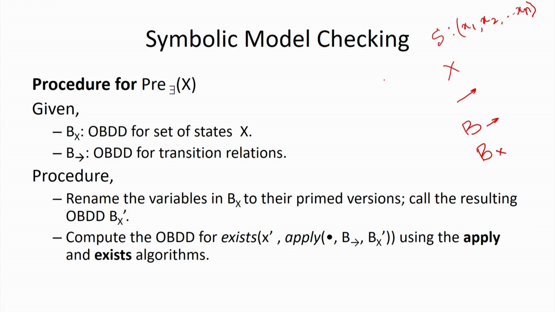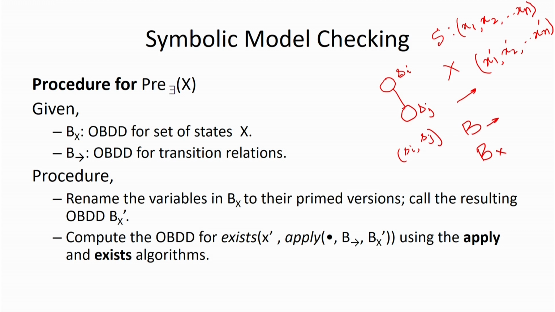Now, if we have a transition from one particular state, say Si to Sj, then we represent this transition as the ordered pair (Si, Sj). Si will be represented by the state variables, and similarly Sj. To represent the next state, we use another set of variables which are nothing but the prime versions of those variables, that means x1 prime, x2 prime, ..., xn prime.